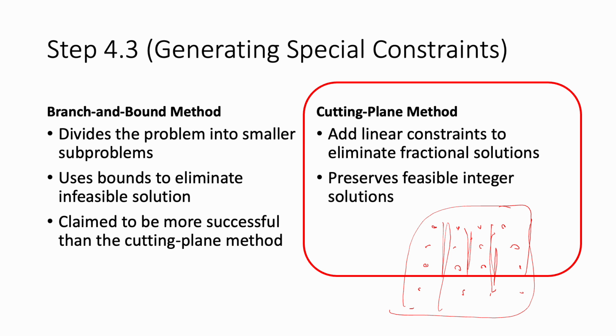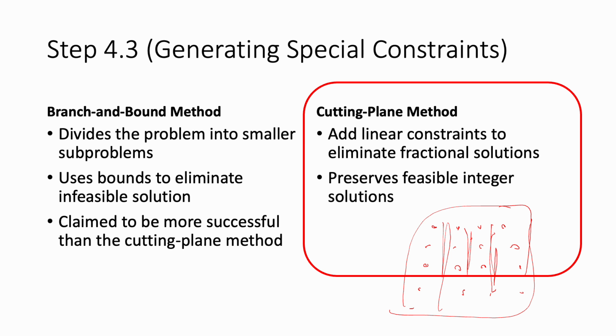So what we do is we cut the plane or this solution space because we want to remove the fractional optimal solution. But we also want to keep all integer feasible solutions and we want to maintain linearity. Now these cuts are not randomly generated restrictions.